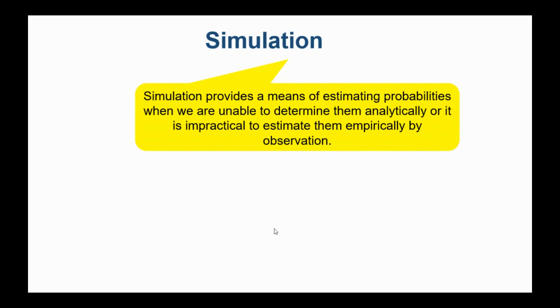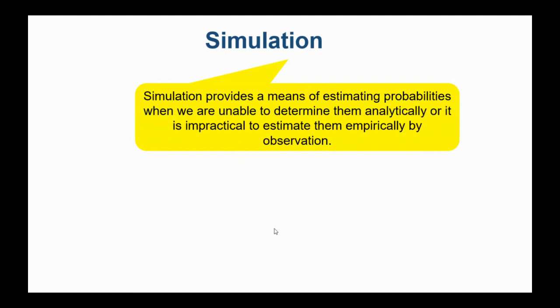I mean, sometimes we just can't do it. So simulation provides a means of estimating probabilities when we're unable to determine them analytically, or it's impractical to estimate them empirically by observation.